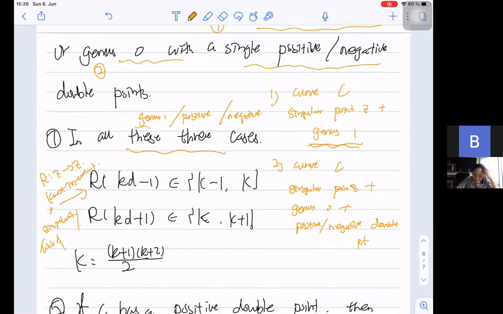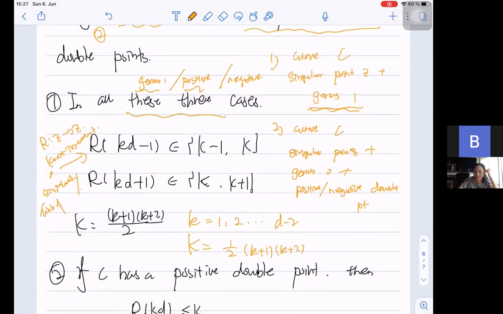So no matter whether you have genus 1, a positive double point, or a negative double point, they all need to satisfy that R valued at kd minus 1 is inside K minus 1 or K, and at kd plus 1 is inside K and K plus 1. Here small k takes the values 1, 2, 3, 4, up to d minus 2, as you can see from the theorem. And this big K is defined as one half of (small k plus 1) times (small k plus 2). So this does not tell us anything, because all three situations need to satisfy this restriction, so it does not distinguish the three cases.